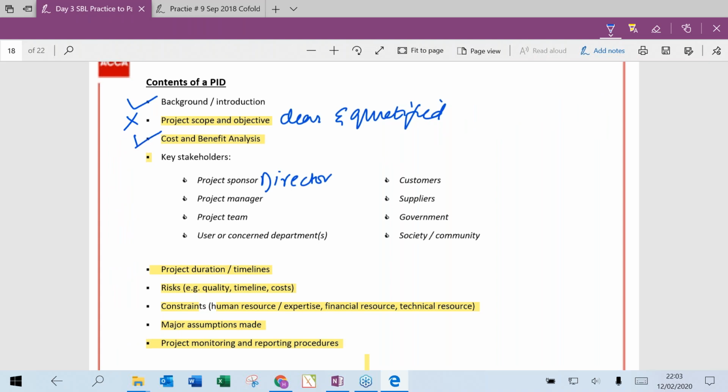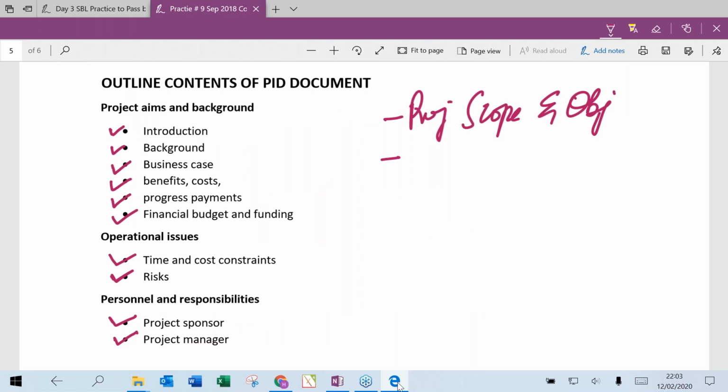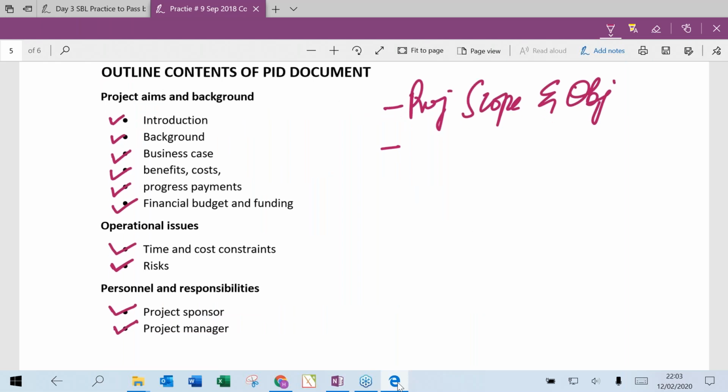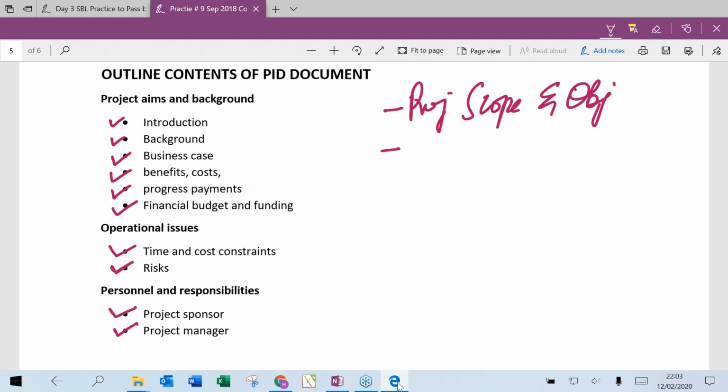Key stakeholders. Ooh, can you see key stakeholders anywhere? I can see a project sponsor. I can see project manager.